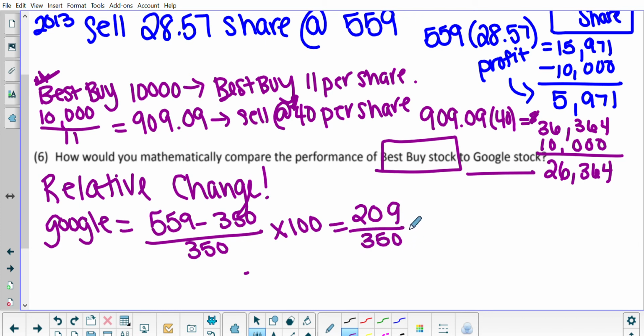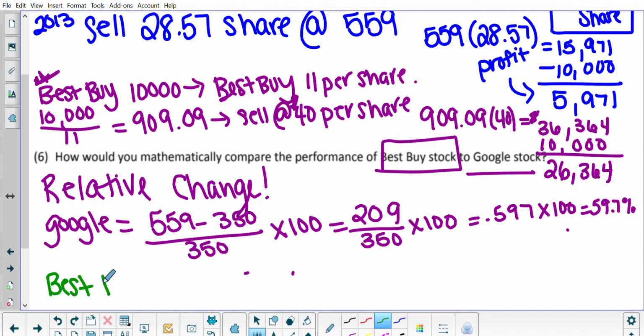Divided by 350, I get 0.597. And then I'm going to times that by 100. So Google's relative change was 59.7%.